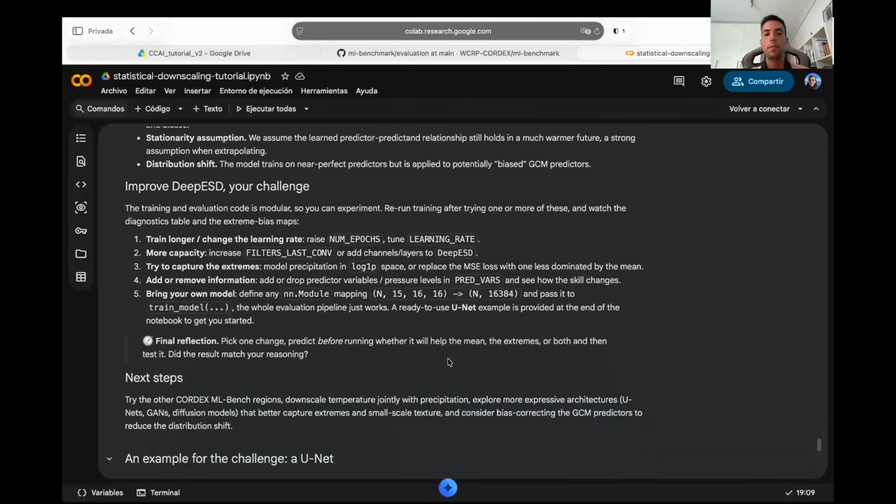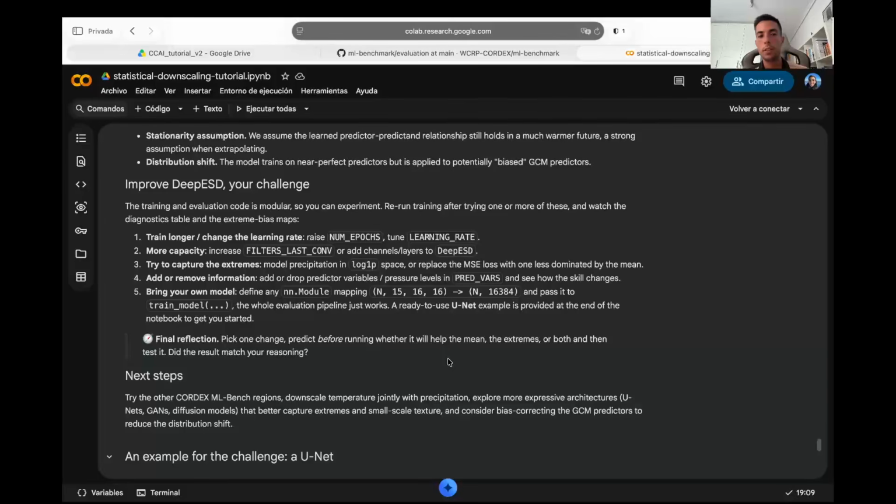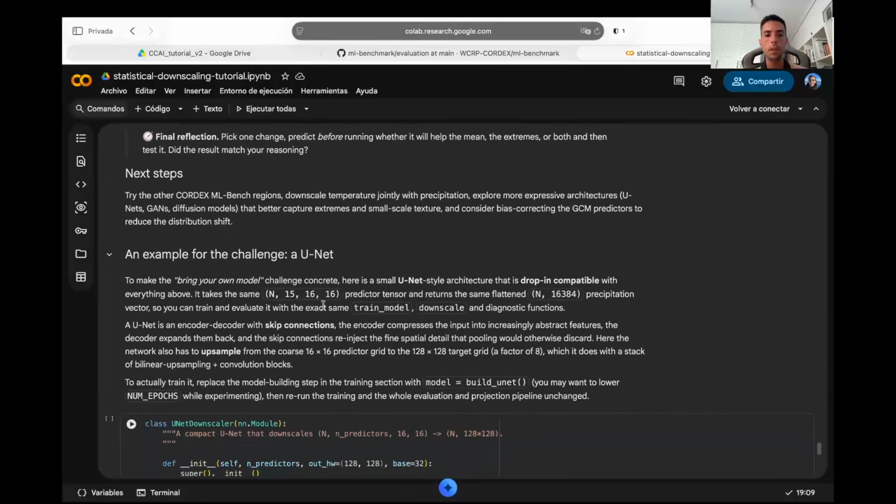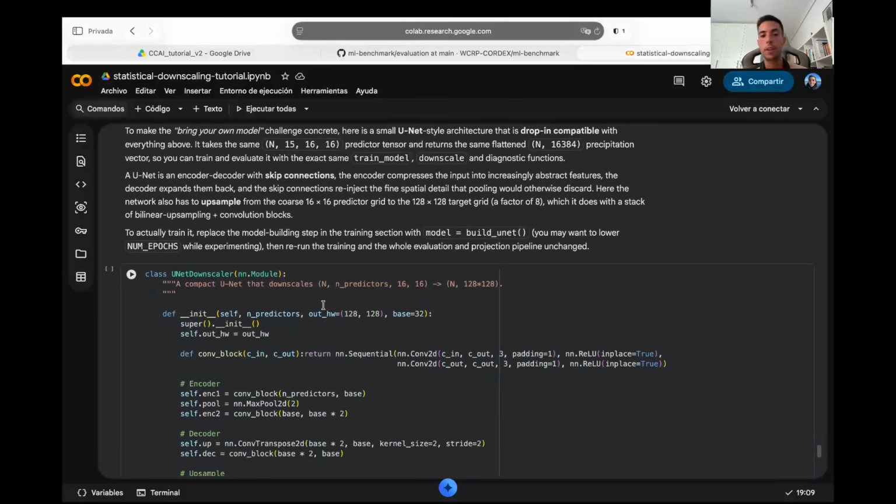I have left some exercises. For instance, the code is modular, especially the training and the deep learning model. If you are interested, I would like you to test other architectures and play with the data, because I think that's the proper way of getting familiar with something. So you have an example of a different architecture.